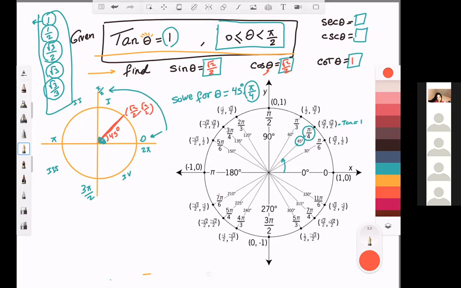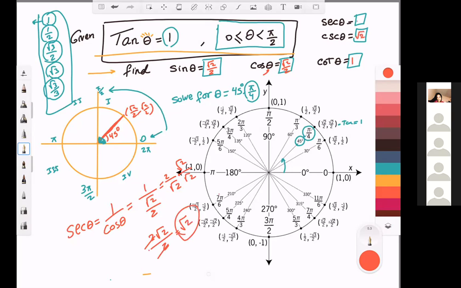Secant and cosecant: secant of theta is 1/cosine of theta, 1 over √2/2. It will be 2/√2. You multiply by √2, you get 2√2/2, which is √2. This is √2, also this is √2.